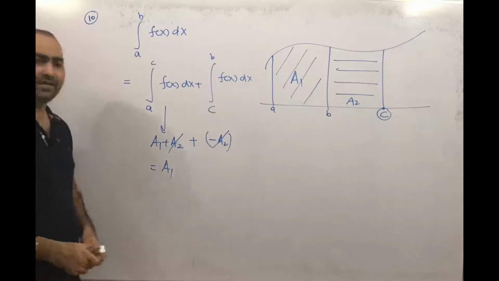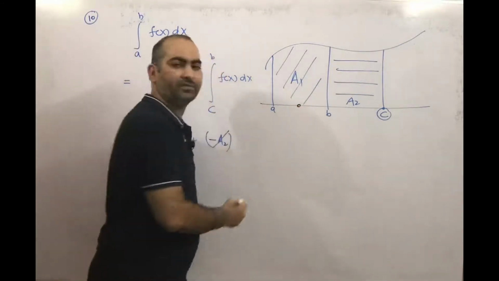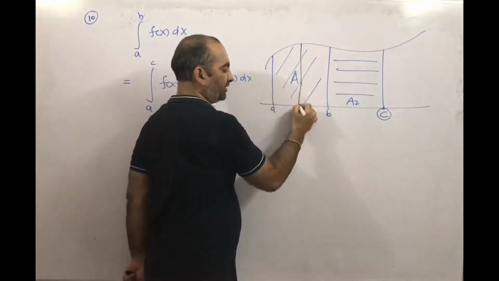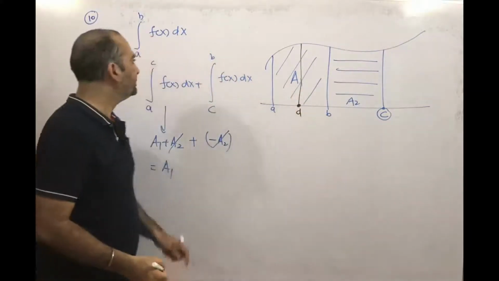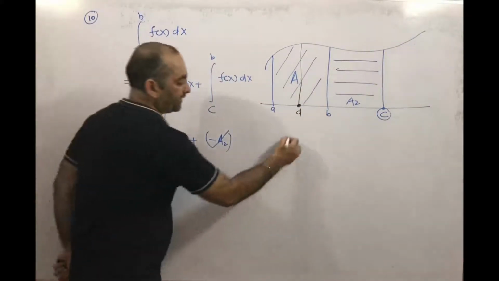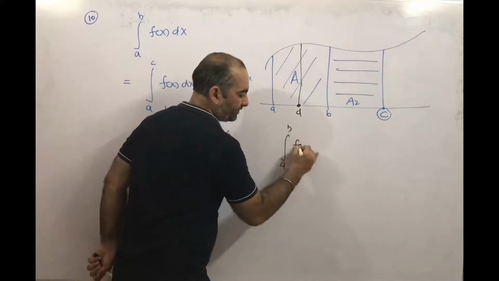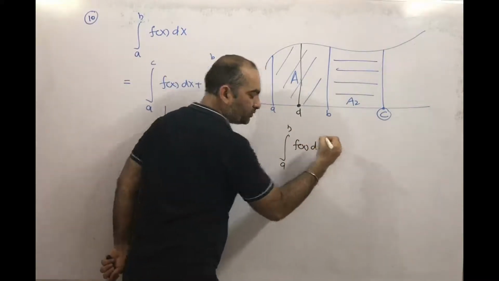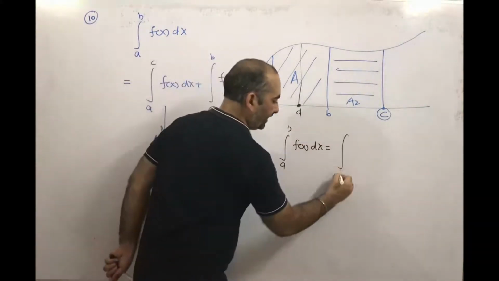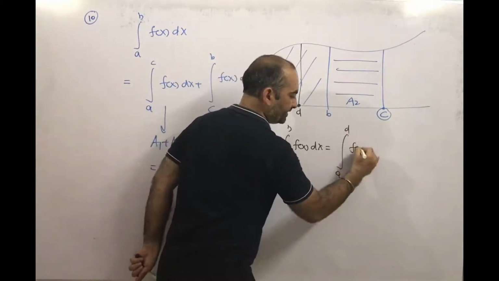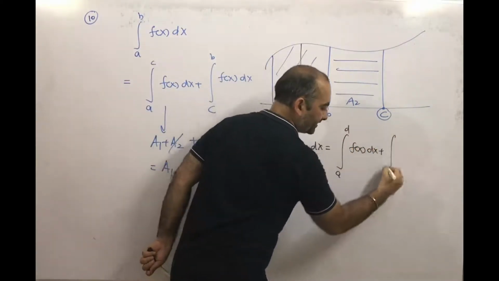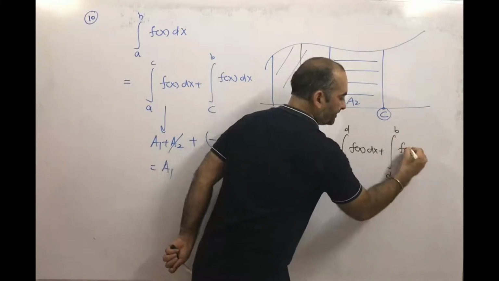If I take one point here, suppose this point is d, then integration a to b f(x) dx we can also separate as integration a to d f(x) dx plus integration d to b f(x) dx.